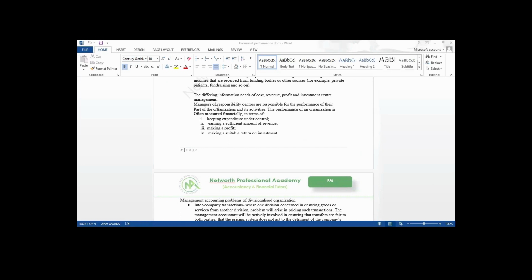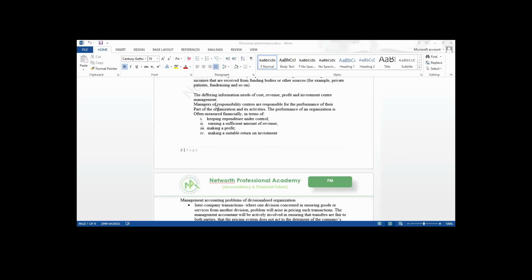Of course, for a cost center, they will only keep expenditure under control. If you look at the admin department, it will be expected to keep costs under control. Don't spend too much money. Ensure you are keeping the company cost under control.